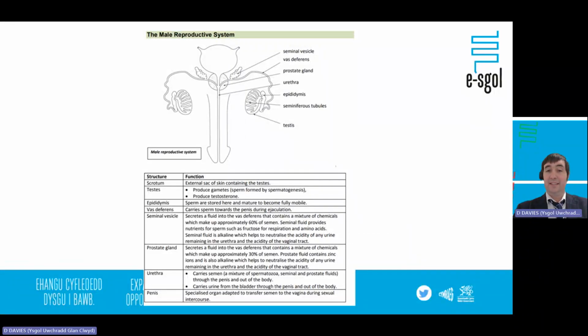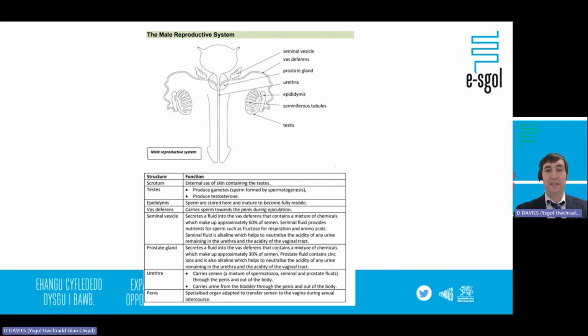The testes produce gametes, so they produce sperm cells. They also produce testosterone. We'll talk about the hormonal cycles later on, but testosterone is a hormone that produces the male secondary sexual characteristics, to do with hair growth and things like that.